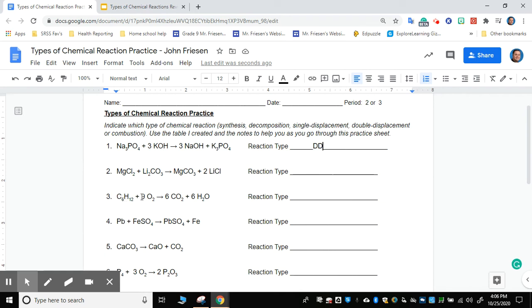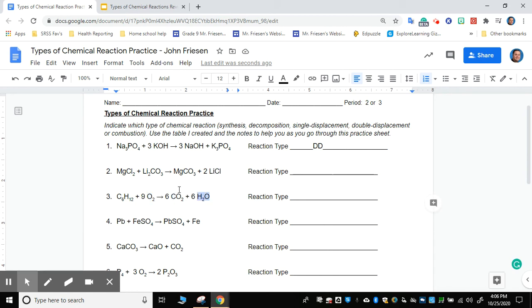C6H12 plus 9 O2 yields 6 CO2 and 6 H2O. There is a compound here, and this is an element here, because all we have is oxygen. But then we have a compound here and a compound here.